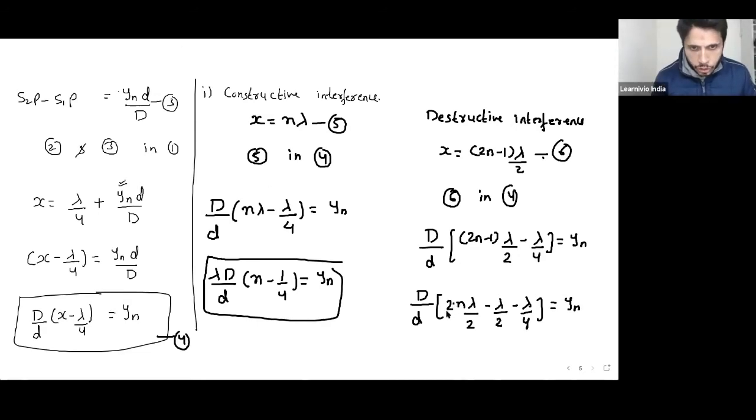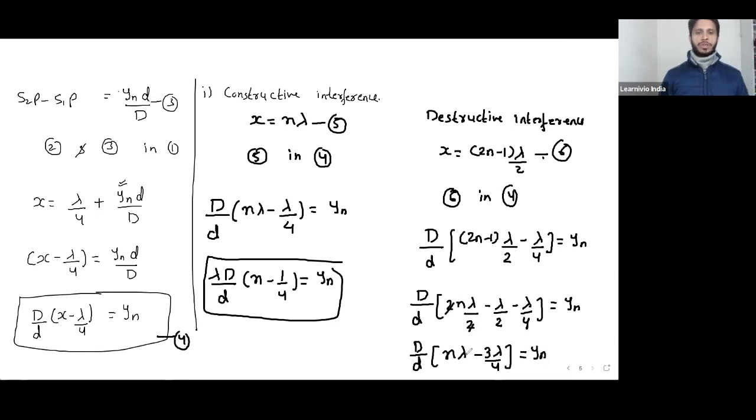So now this 2 will cancel this 2. Minus lambda by 2 minus lambda by 4. How much is this? Lambda by 2, lambda by 4, that's minus 3 lambda by 4, which is equal to y.